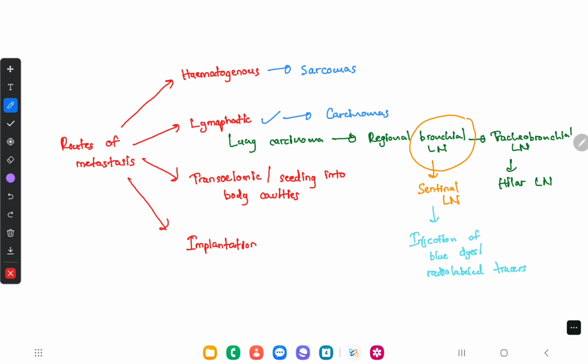Then transcoelomic spread, or spread by seeding into body cavities, occurs when neoplasms invade the natural body cavities, such as the peritoneal cavity, pleural cavity and pericardial cavity. This mode of dissemination is particularly characteristic of ovarian cancers, because they often cover the peritoneal surface widely.